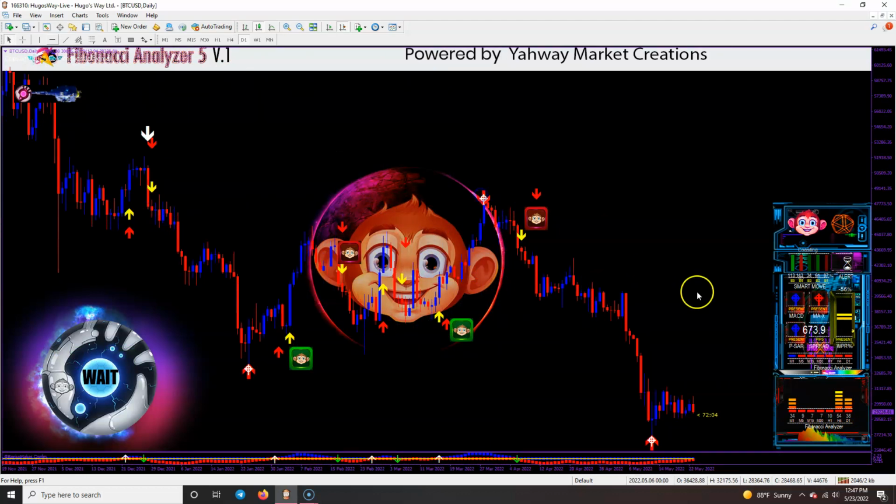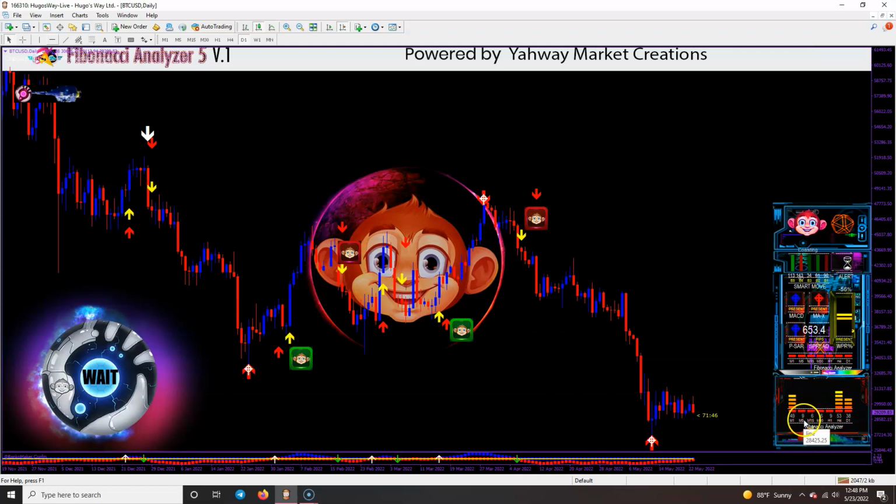Okay, what we have here is the Fibonacci analyzer. This is something supernatural. This will work on everything on your platform, everything on your chart. It is showing you the momentum of the time frames.